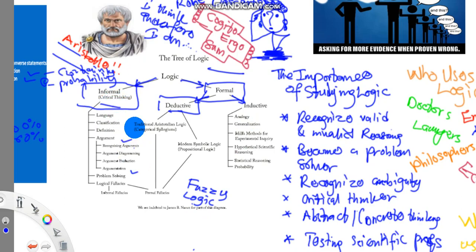When you hear somebody make an argument and you raise your eyebrows, like the example of the unemployment and crime rates, people confusing correlation and causation, that kind of thing can be evaluated using informal logic, which we call critical thinking.